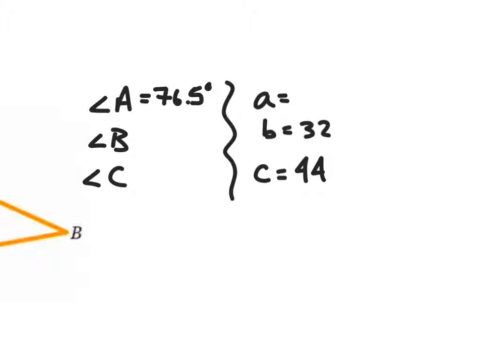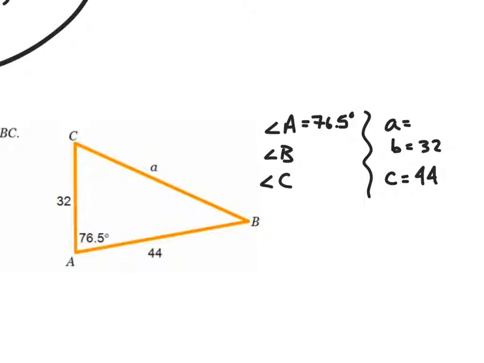Because they rounded this to 1 decimal place, we'll round all the other angle measures to 1 decimal place. Now, the question is where do we start? Using law of cosines requires us to use all 3 sides, so we want to find the third side that we don't know in order to start.